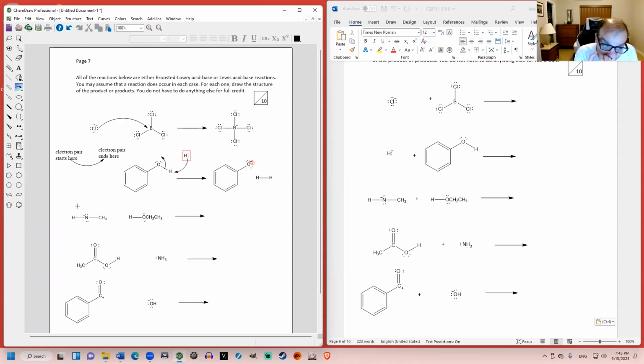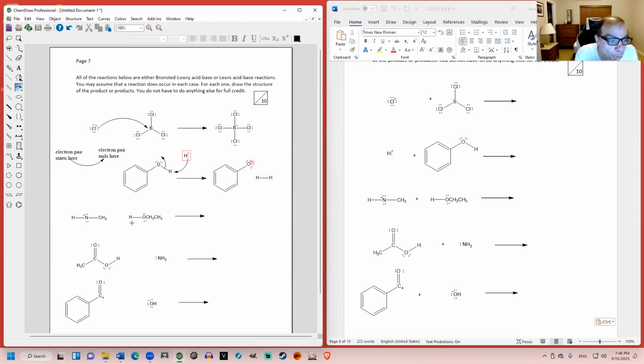So in the next one, we have a nitrogen base, nitrogen with a minus charge. So this is going to be our base. You know that because nitrogen with a minus charge is a very alkaline species, a very strong base. You don't often see nitrogen with a minus charge.